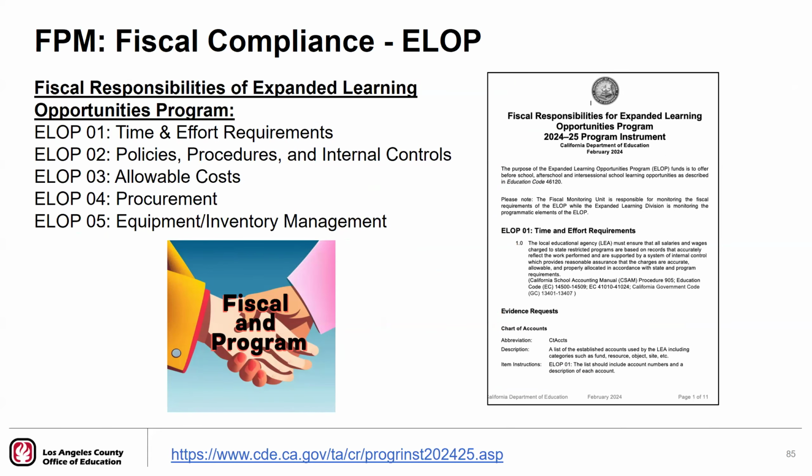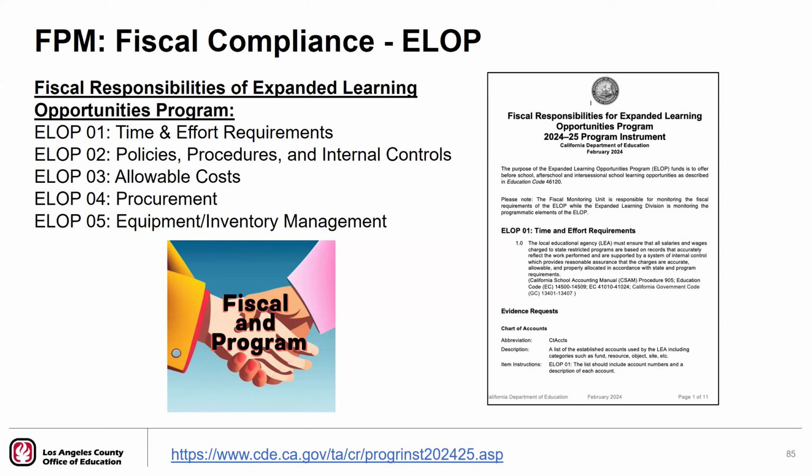The fiscal side of the Expanded Learning Opportunities Program is also included in the FPM. 2023-24 school year was the first year that ELOP was included in the FPM. It is important to note that there are two FPM instruments that pertain to the Expanded Learning Opportunities Program, or ELOP.